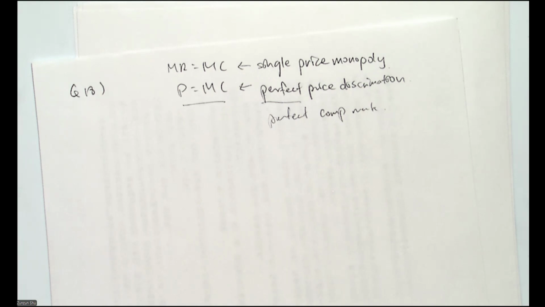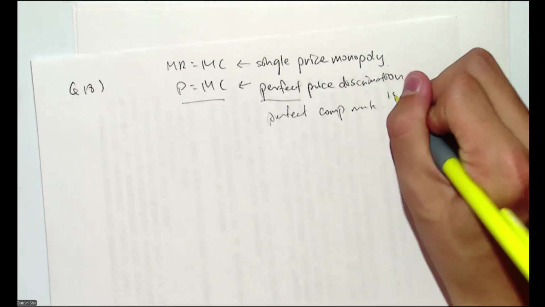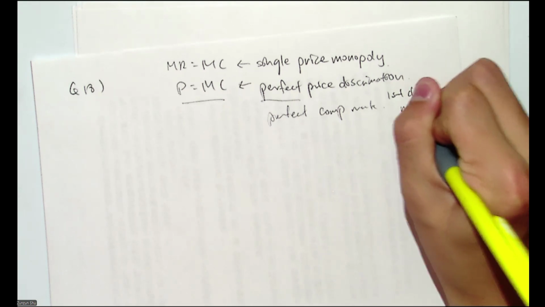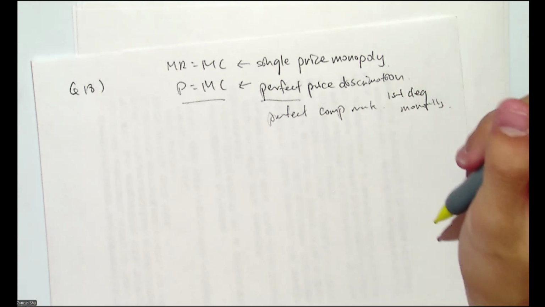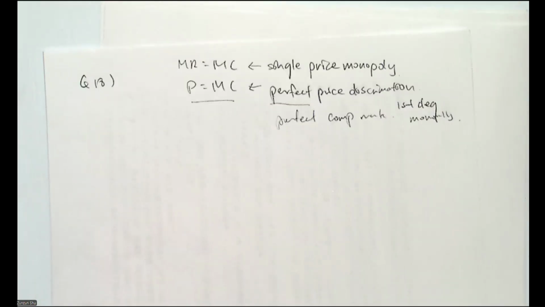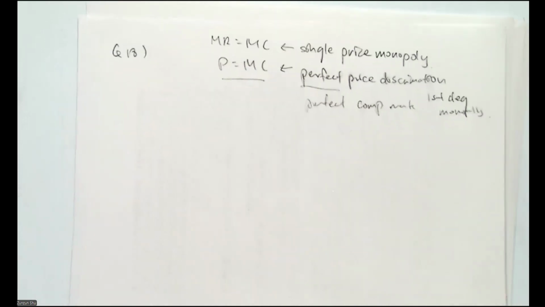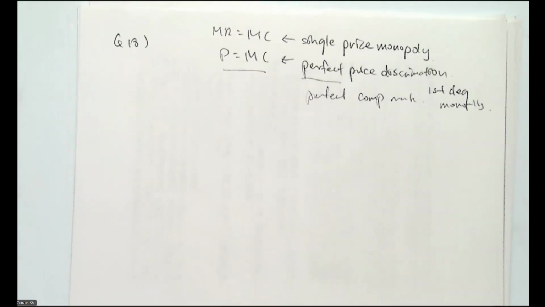But in perfect price discrimination, or in other words, a first degree monopoly, we suck up all of their consumer surplus. The consumer has no surplus. We'll get to that later, but let's come back to questions 18 and 19 first.